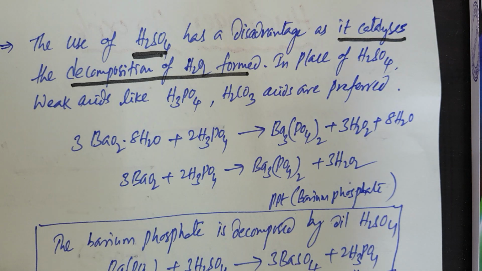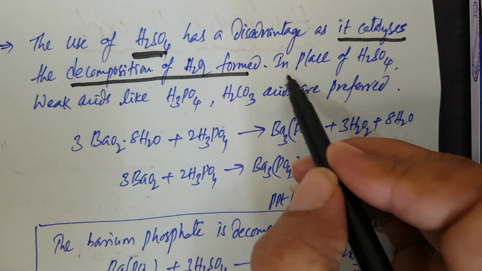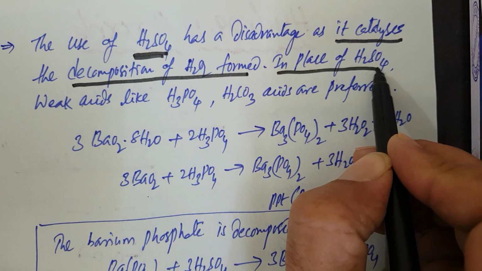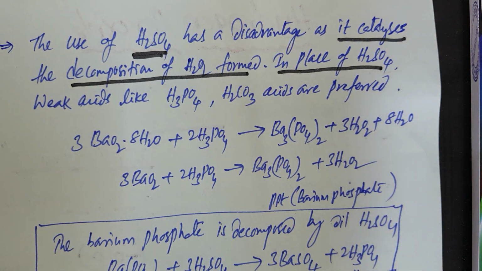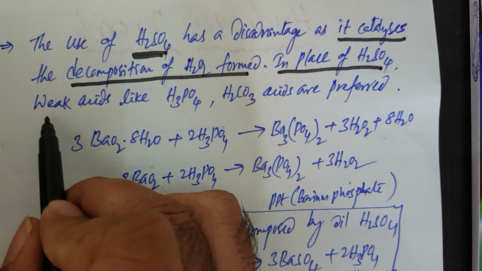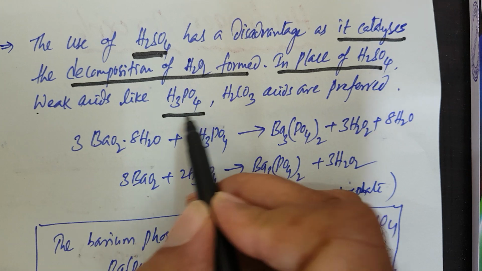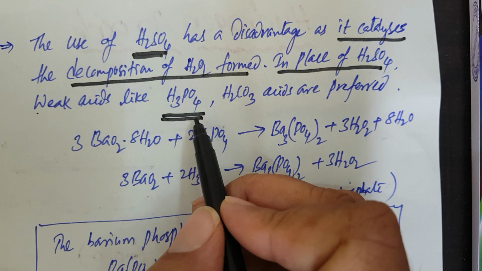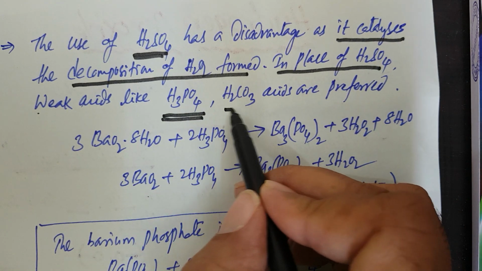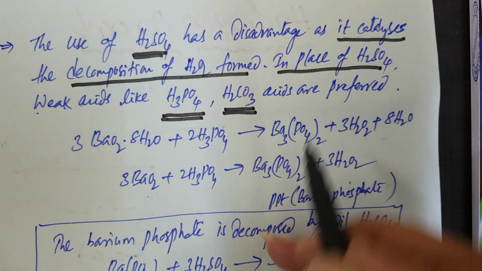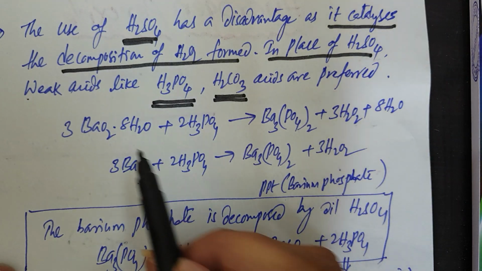That is why, instead of using sulfuric acid, you can use weak acids like phosphoric acid, also called orthophosphoric acid, or carbonic acid. See the reaction.